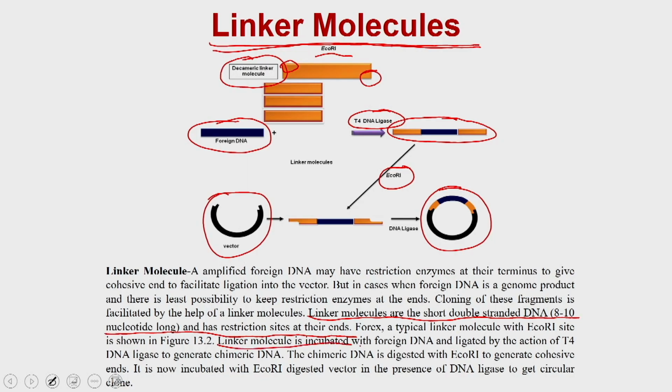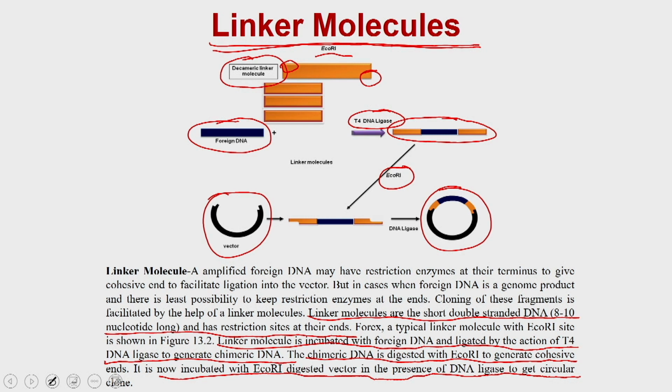Linker molecules are incubated with foreign DNA and ligated by the action of T4 polynucleotide ligase to generate a chimeric DNA. The chimeric DNA is digested with EcoR1 to generate the cohesive ends, and it is now incubated with EcoR1 digested vector in the presence of T4 DNA ligase to give you the circular clone.